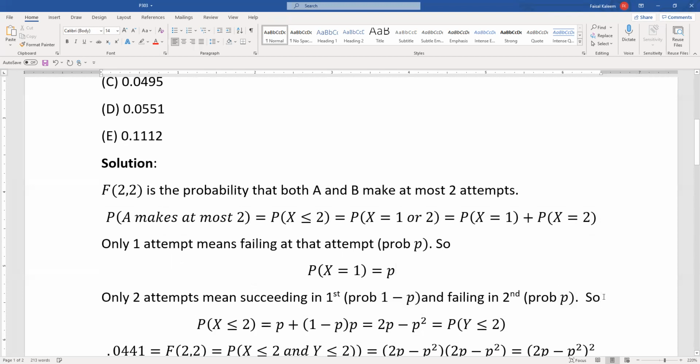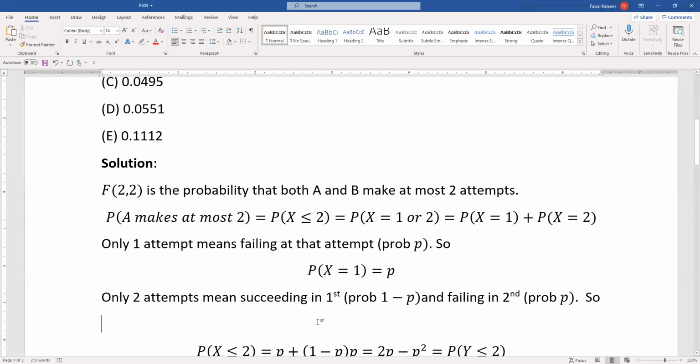So we can add here that probability X equals 2 will be succeeding in the first attempt, which is 1 minus P, because failing is P, so succeeding is the complement of failing, 1 minus P, and failing in the second attempt means multiplication, P. So 1 minus P is succeeding in the first attempt, and P is failing in the second attempt.